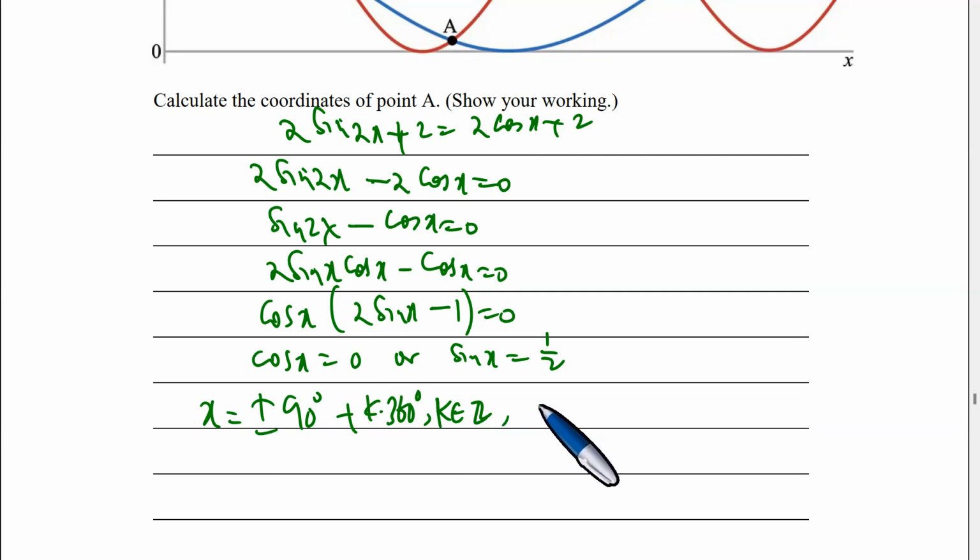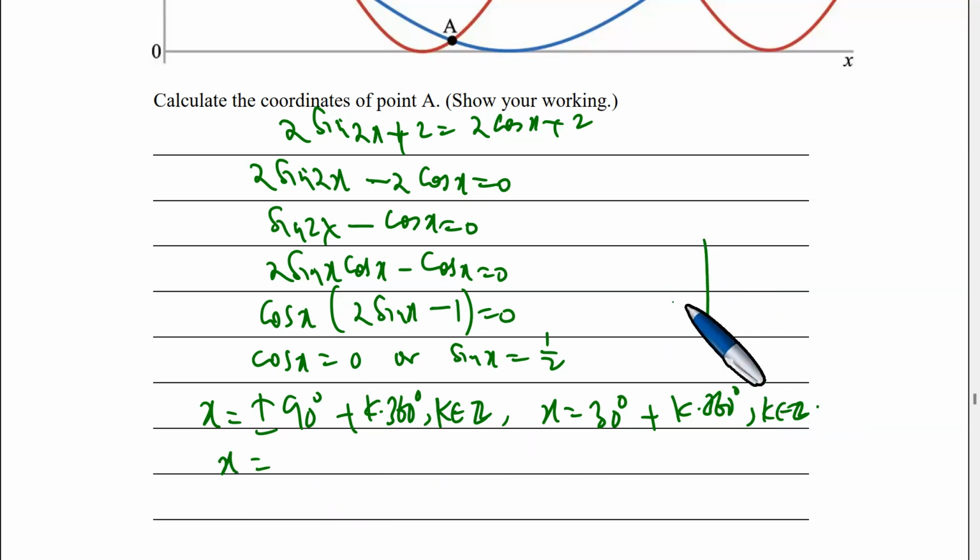Here, this one is going to be exactly x equals 30 degrees plus k times 360 degrees, k in Z. And then here, okay, the sine is positive by the CAST rule in 2 specific quadrants.